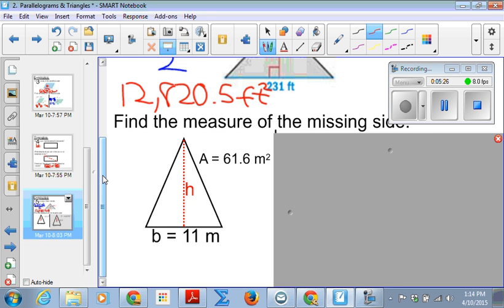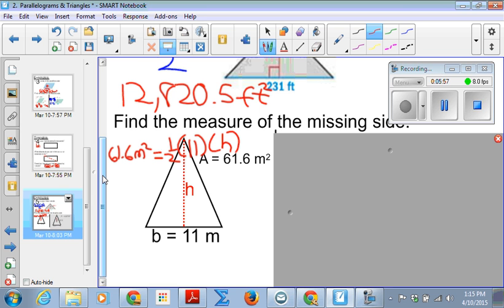So we're going to find the missing side now, working backwards. The area of the triangle given is 61 and 6/10 square meters. And that's going to be equal to 1/2 of 11 times the height. Sorry to write over the triangle there. Hopefully you guys can all see it. The area is 1/2 base times the height.